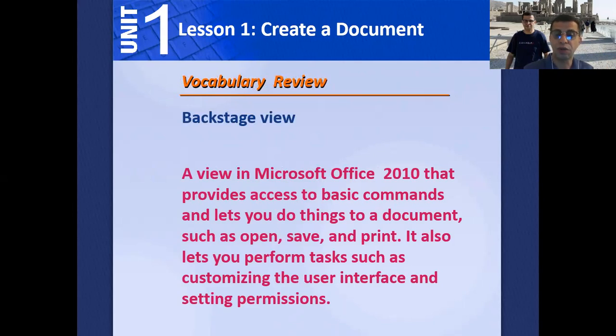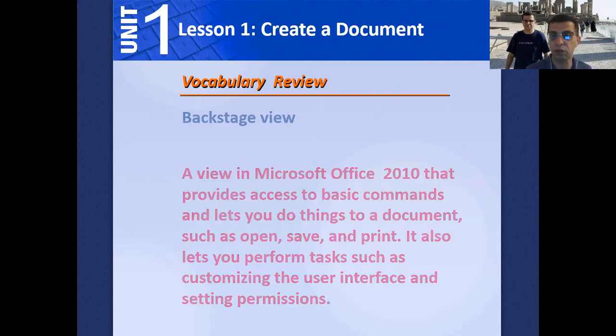A backstage view is a view in Microsoft Office that provides access to basic commands and lets you do things to a document such as open, save, and print. It also lets you perform tasks such as customizing the user interface and setting permissions and protecting the owners of that document also.